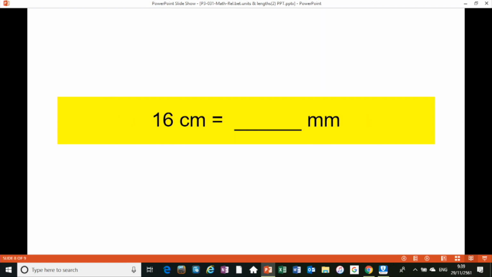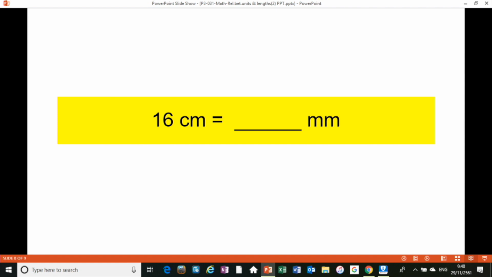How about 16 centimeters? How many millimeters? 10 millimeters is 1 centimeter. So how many millimeters is 16 centimeters? 160. 1 centimeter is 10 millimeters.